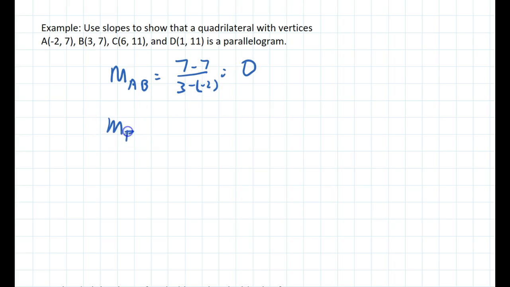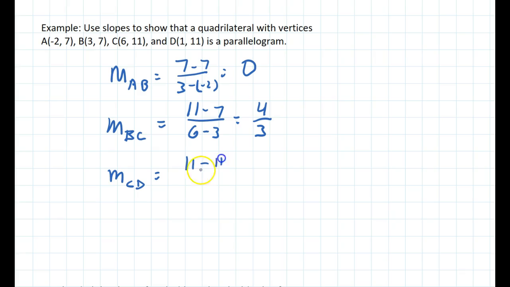And the slope of B to C is (11 minus 7) over (6 minus 3), which is 4 over 3. The slope of C to D is (11 minus 11) over (1 minus 6), which is 0.